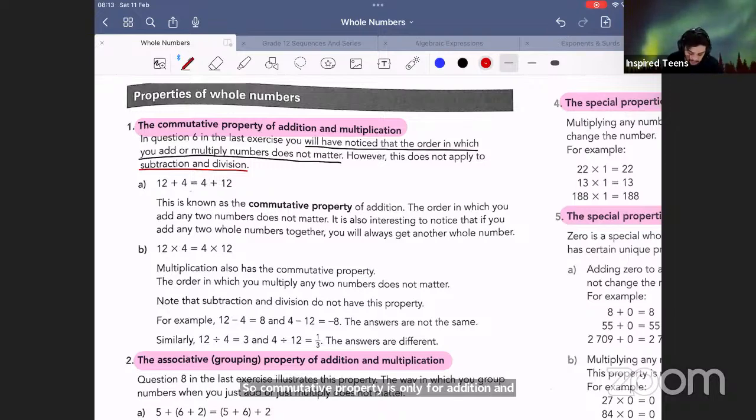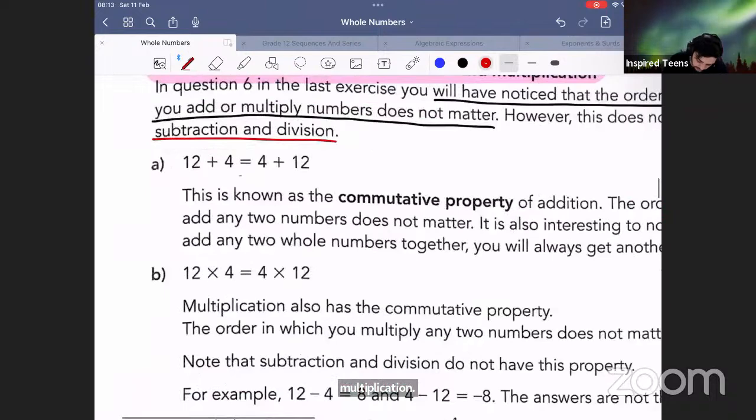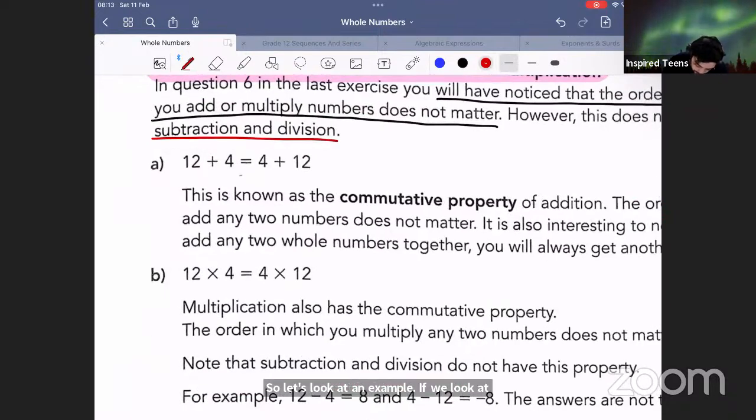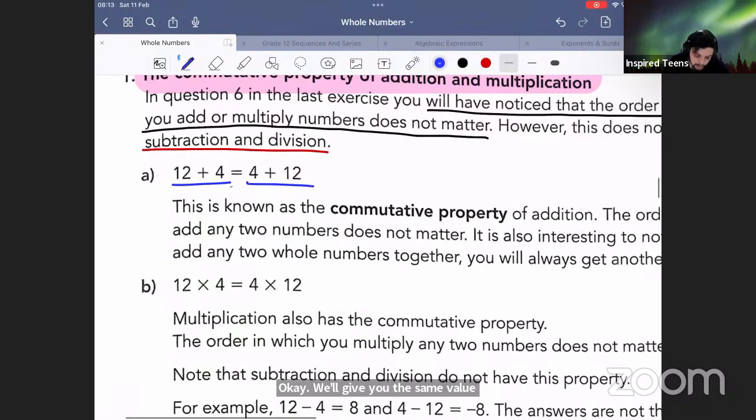Let's look at an example. An addition example, 12 plus 4, will give you the same value as 4 plus 12. In an addition sum, the order in which you put your numbers does not matter.